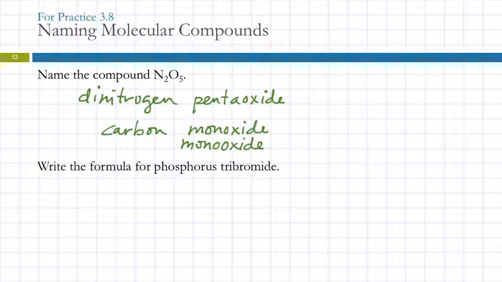But that double O business is just weird, isn't it? So sometimes when we have a prefix ending in a vowel and the element name starting with a vowel, that last letter on the prefix is dropped, like in monoxide. I will not try to trick you with that one.